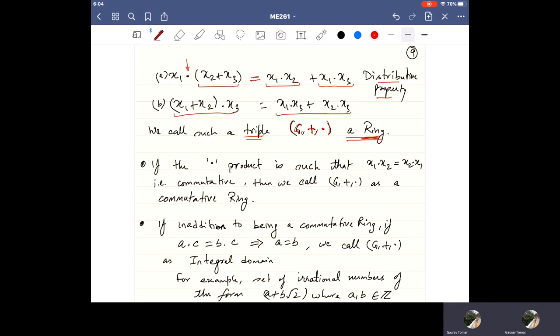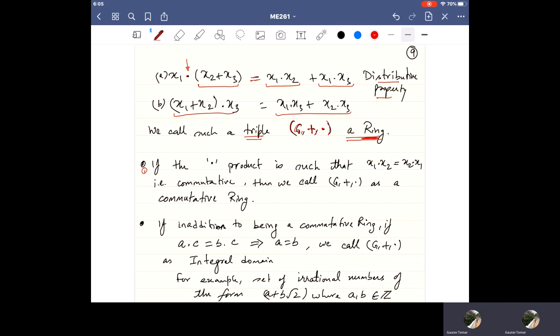Now, moving on. We keep adding things to the list of requirements, and we will keep getting special algebraic structures. So ring is an algebraic structure, group is an algebraic structure, set is the most basic algebraic structure, right?